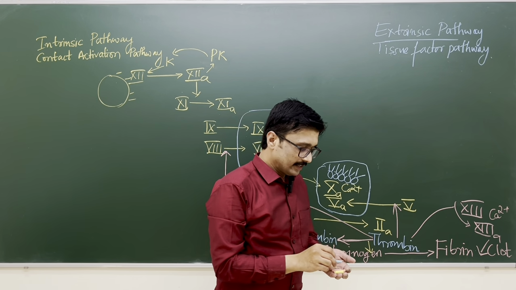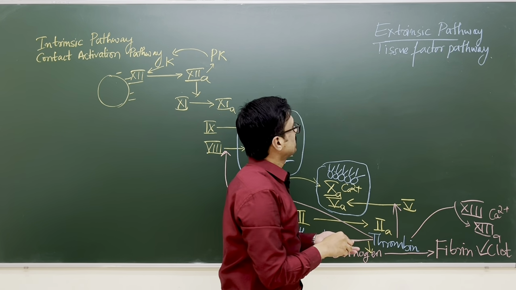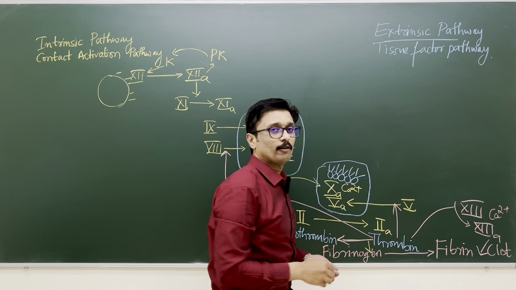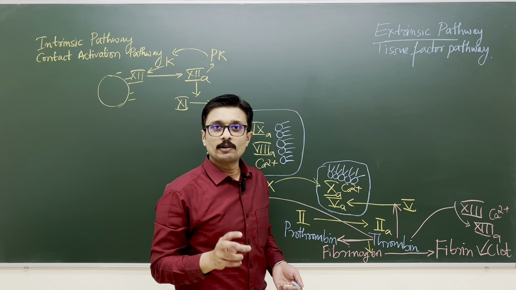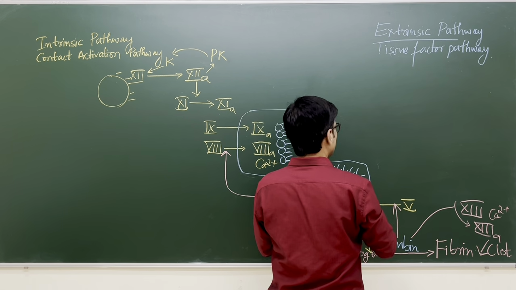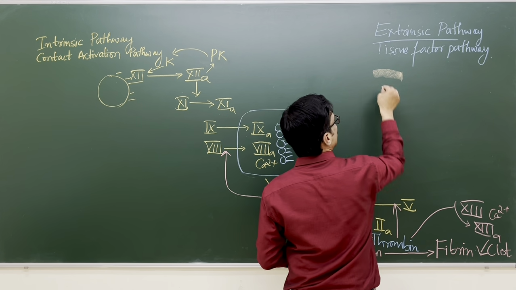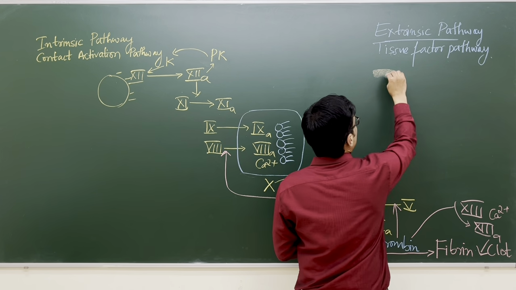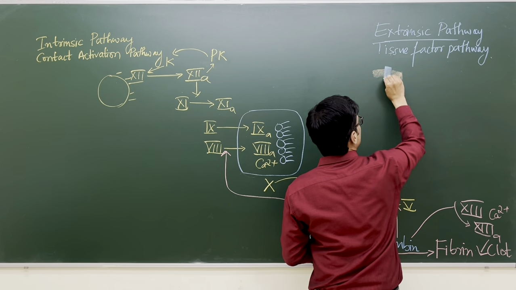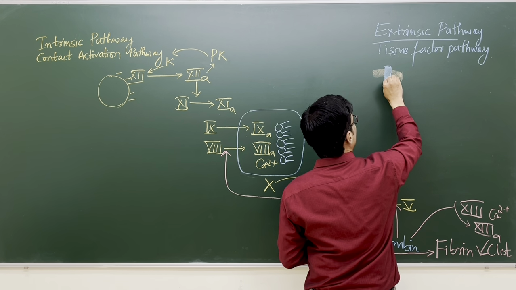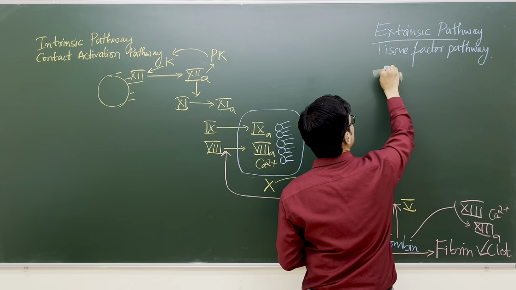Tissue factor is a molecule present over the membrane of fibroblasts and also the vascular smooth muscles. See, this is the fragment of membrane of vascular smooth muscle, and this is the tissue factor. Tissue factor, protein and phospholipid complex.